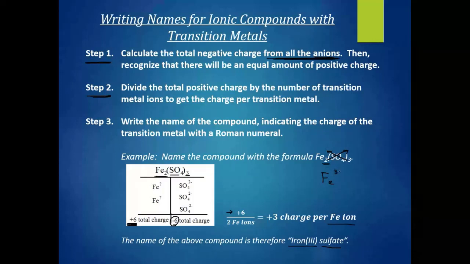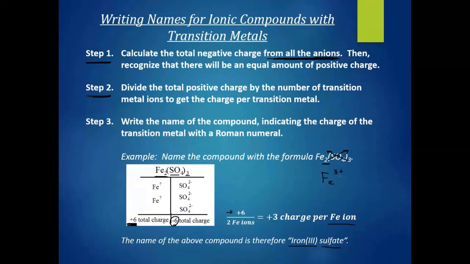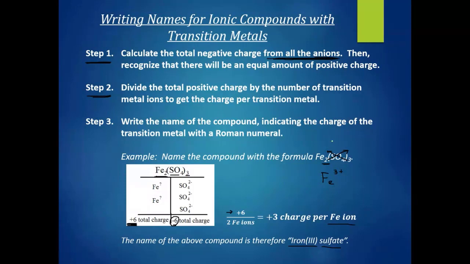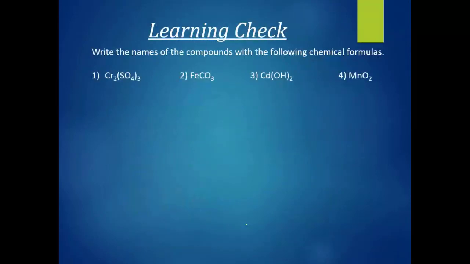That's really dangerous because that does not work a significant amount of the time. You can't just reverse crisscross. That's a no-no. I'm going to put in big letters: no. Don't do that.